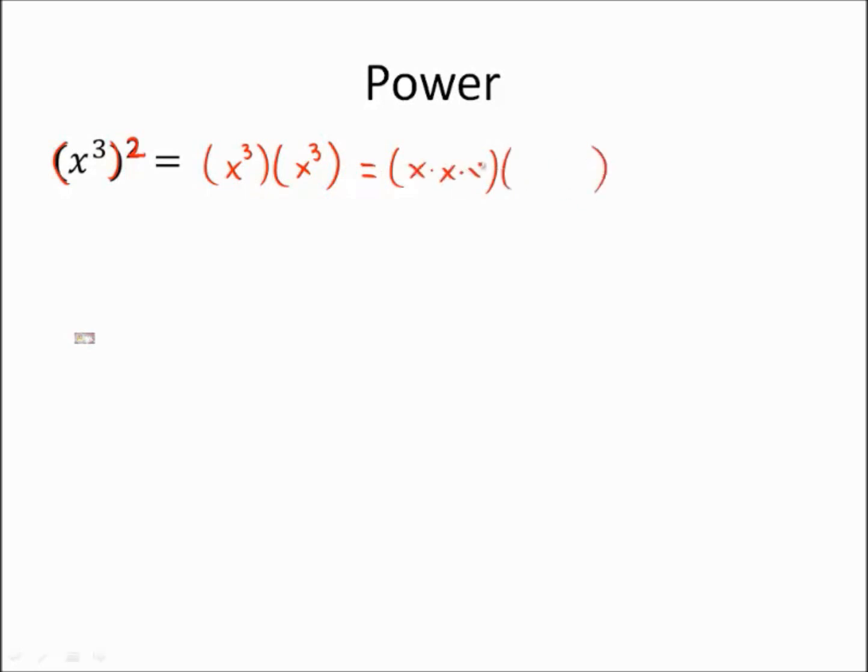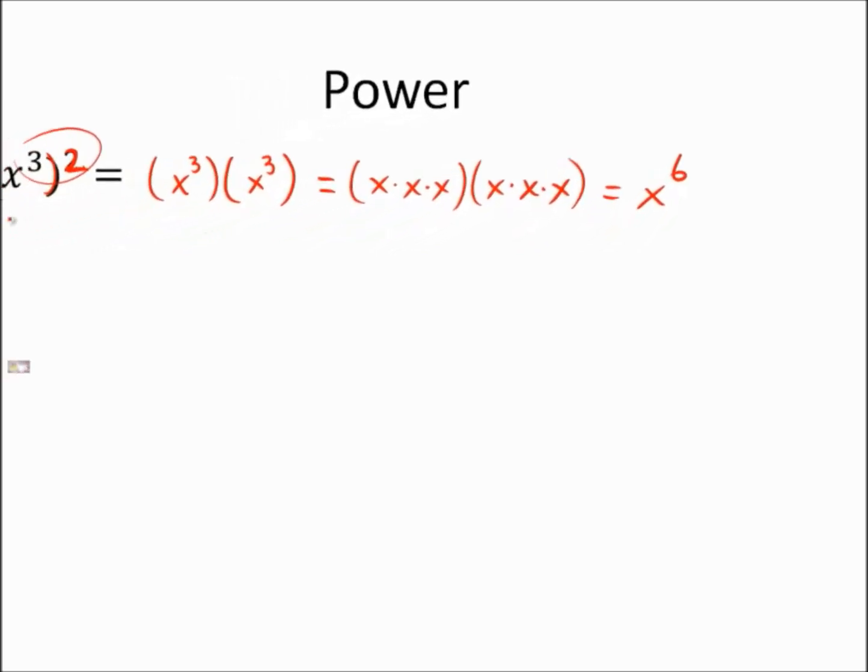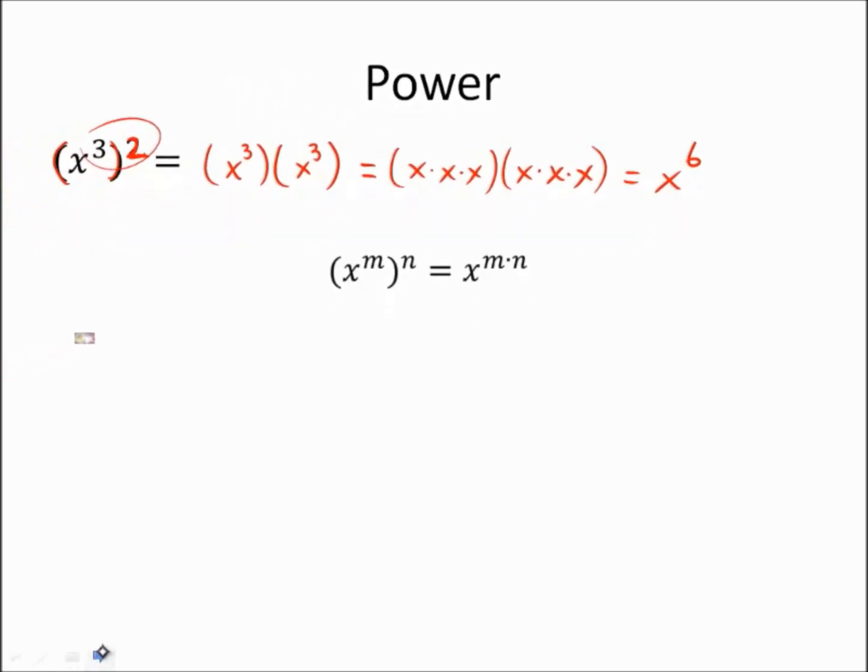So essentially what we have here is a description of 2 groups of 3 x's all multiplied together, which gives us 6 x's all multiplied together, which can be seen as a product of exponents. So when you take a power of a power, you're actually multiplying the exponents together.